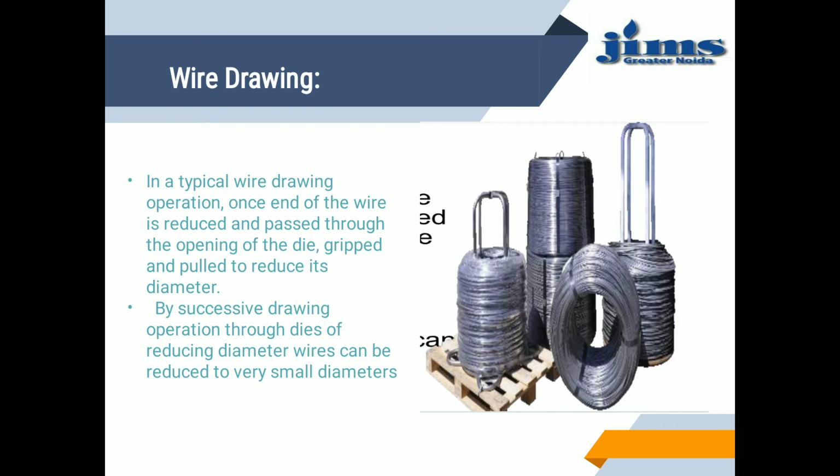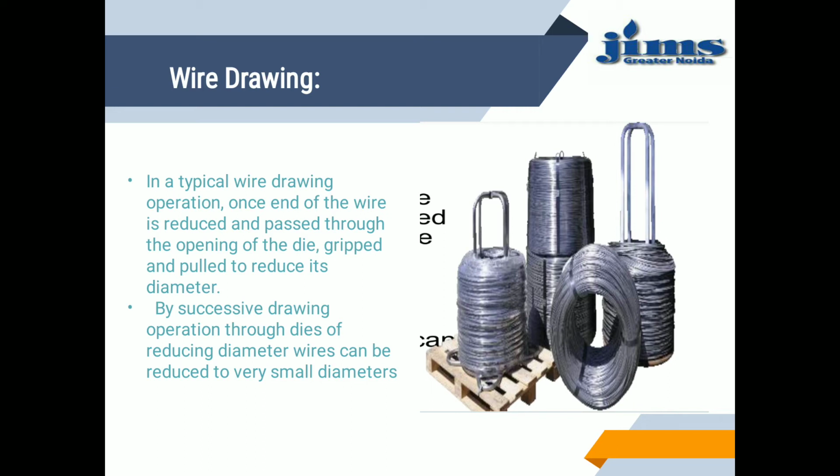So let's start with wire drawing. In a typical wire drawing operation, one end of the wire is reduced and passed through the opening of the die, gripped and pulled to reduce its diameter.